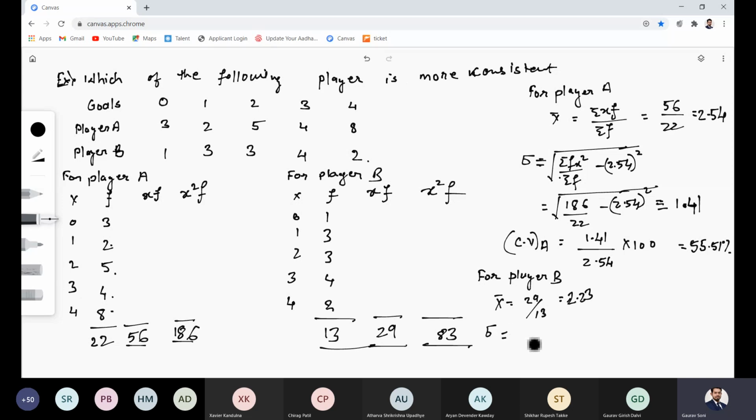The sigma will be equal to under root 83 upon 13 minus 2.23 square. The answer to this is 1.188.